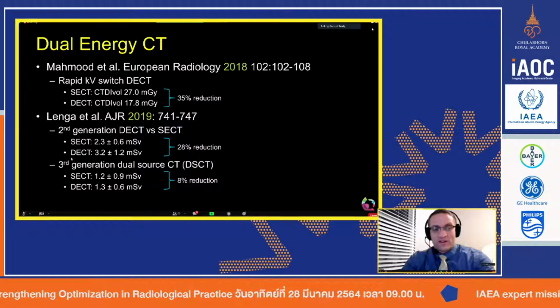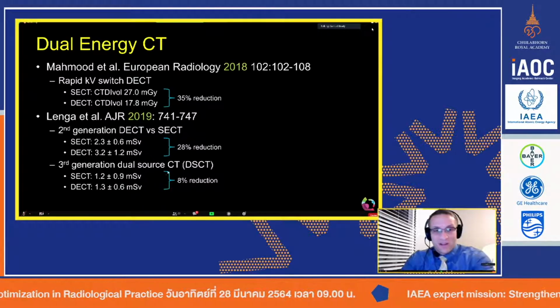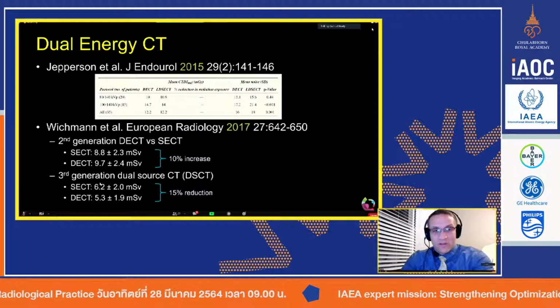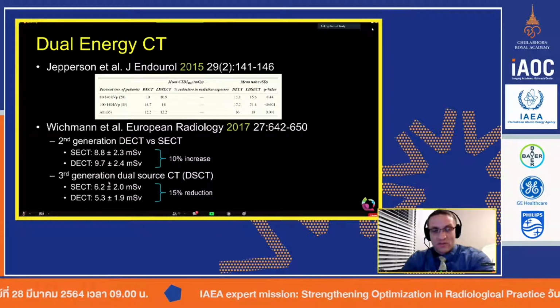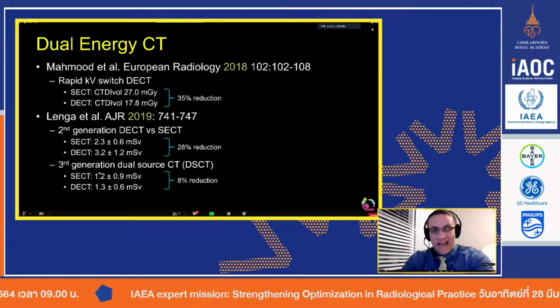But the third generation, the nice thing is look, we went from third generation where we were imaging at roughly 5 to 6 millisieverts. Now we're imaging at about 1.5 millisieverts.